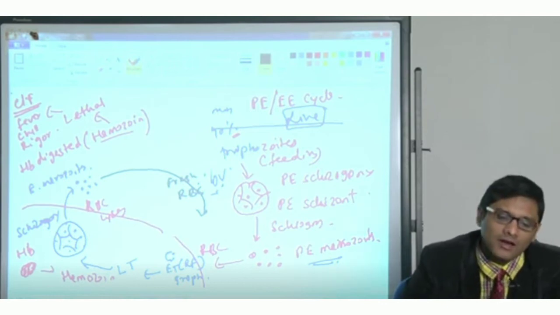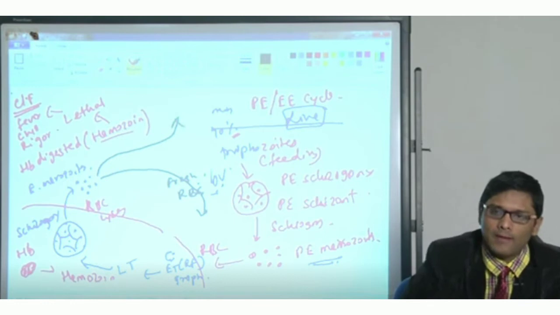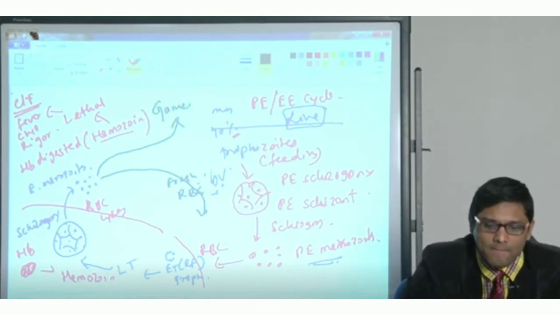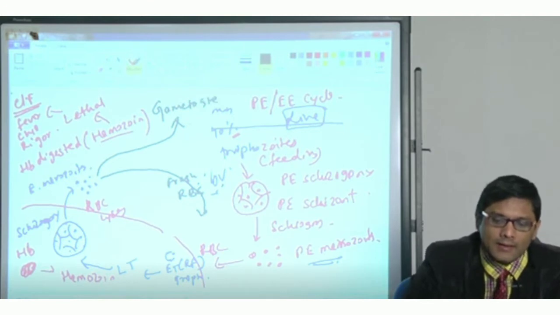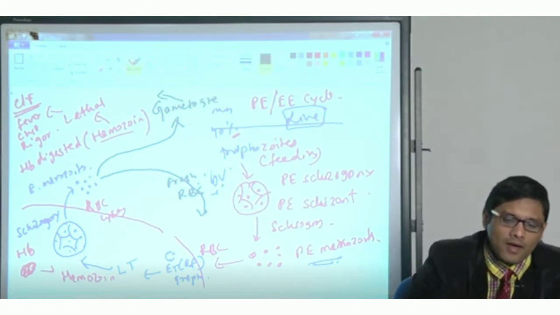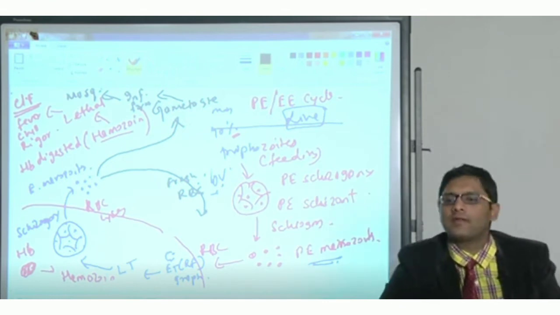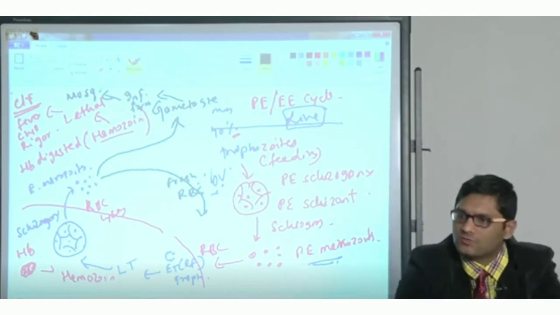Or they will become bored of the person and transform into gametocytes. Gametocyte is the infective form to the female Anopheles mosquito.